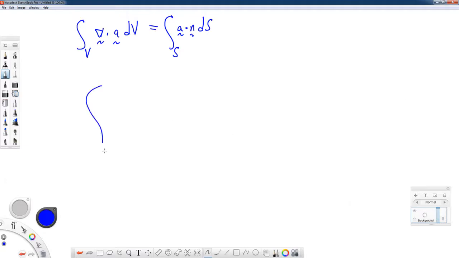And so this is usually drawn with this control volume type thing, where this is my region dV. At every point here I have some unit normal perpendicular to the surface. And so what this says is the spatial change of the vector field must balance against the material that passes through the surface.